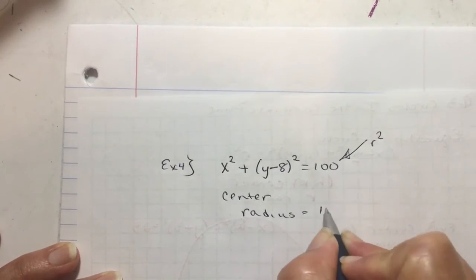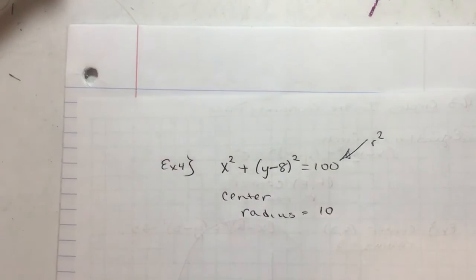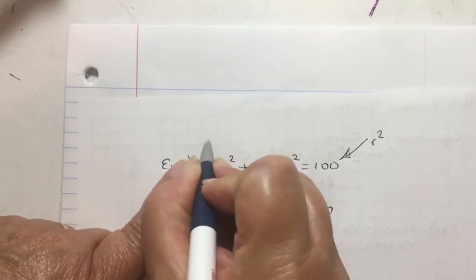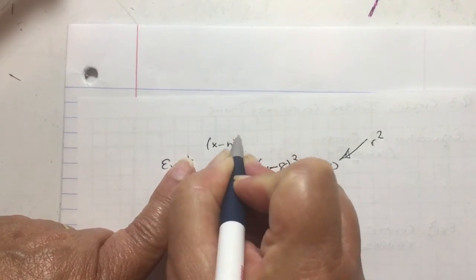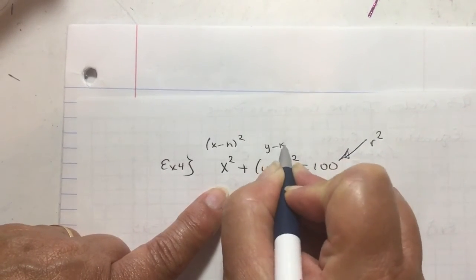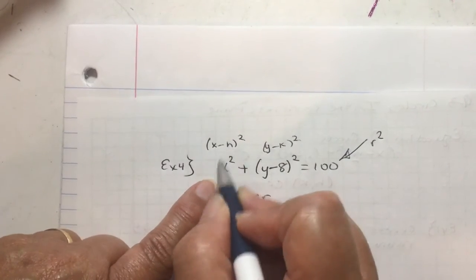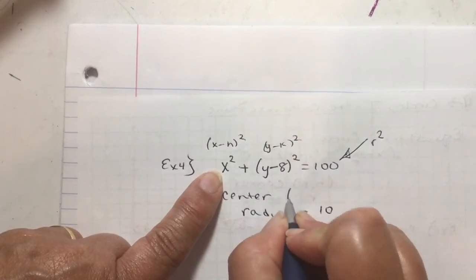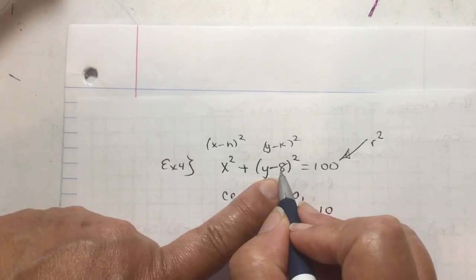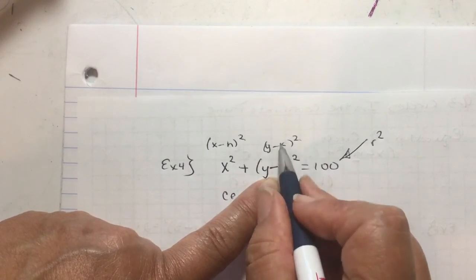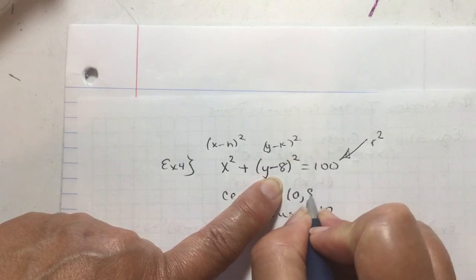So the radius had to have been 10 to get the 100. The center comes from your h and k. Remember, this would be (x − h)² and (y − k)². So you can see here that you're not subtracting anything, so the x is 0. And then the y, can you see it's going to be 8?